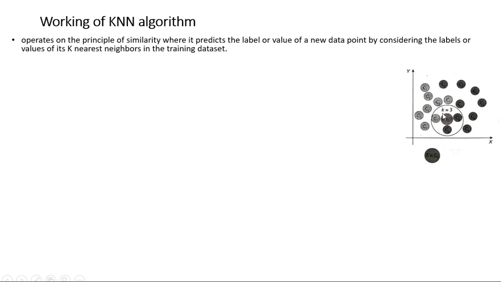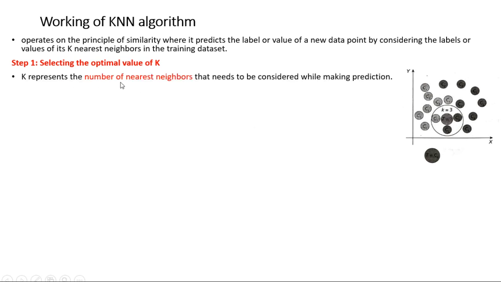Now what is important is, first you have to specify the value of K. What is the optimal value of K? Basically K is the number of nearest neighbors that it needs to consider for making the prediction. So let's say I take the value K equal to 3.